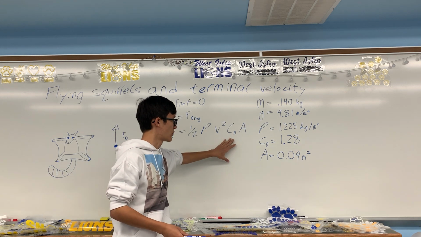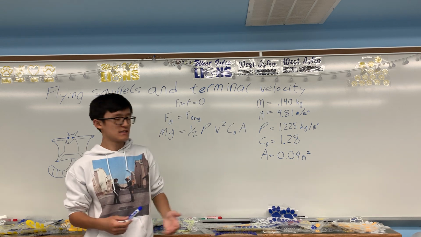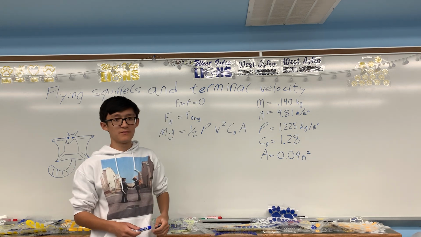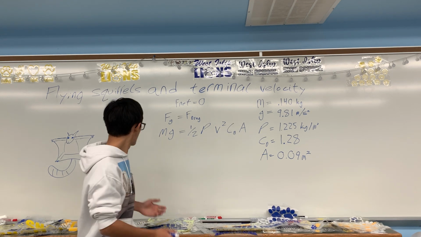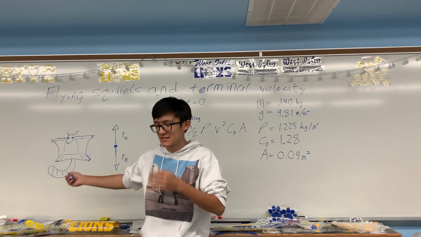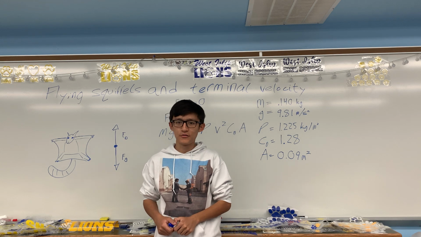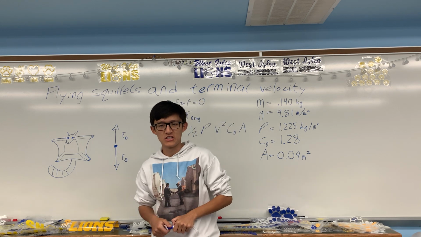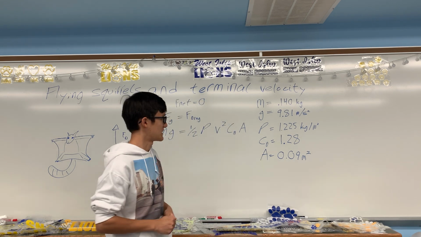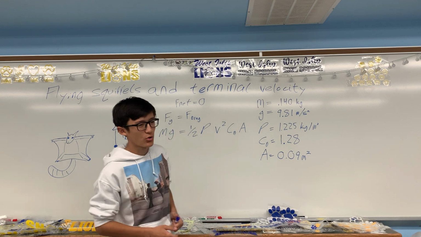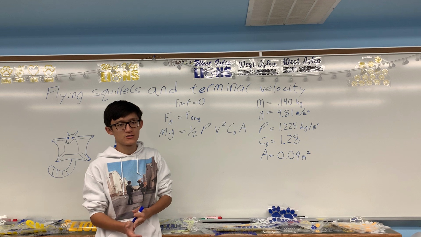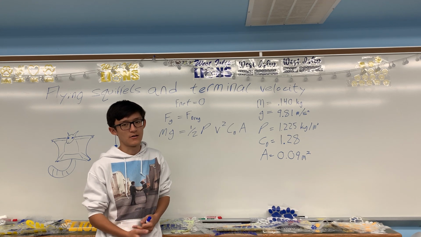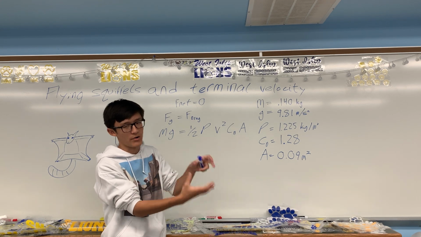Next is our drag coefficient. This is a value that is pretty hard to find. For our squirrel example, we're estimating it to be the same as the value for a sheet, like just a plain rectangular face. So it kind of correlates to the profile, the shape of your object. Like a ball versus a block.